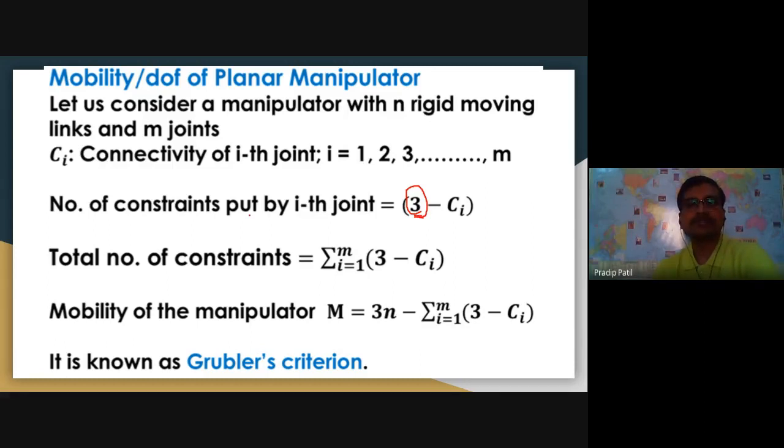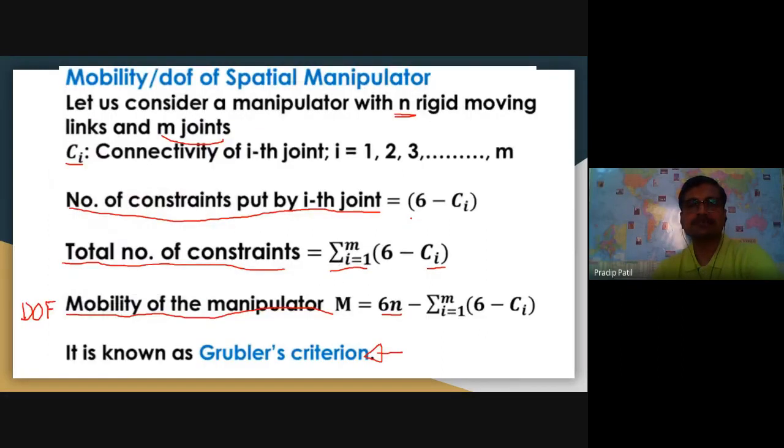So the number of constraints offered will be equal to 3 minus Ci. The total number of constraints will be equal to the algebraic summation over m joints of 3 minus Ci, and the mobility of the manipulator will be equal to 3n minus the constraints. So these are the two ways. In case of planar manipulator, there will be 3 minus Ci constraints. In case of the spatial manipulator, it will be 6 minus Ci constraints.